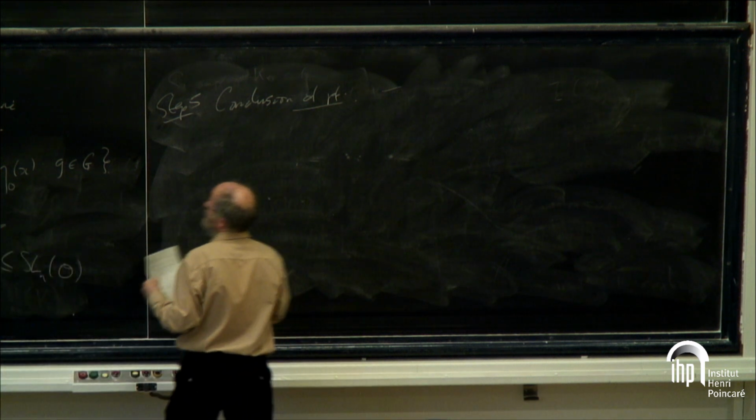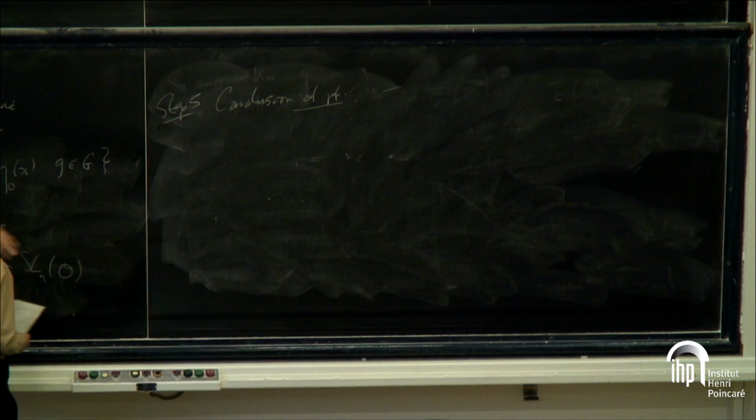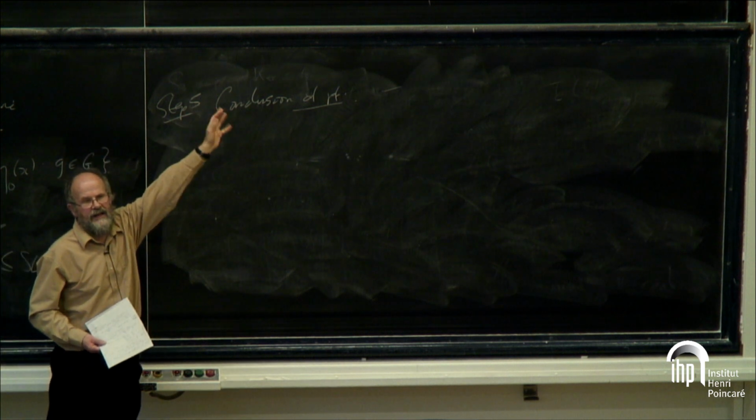So we have our group G, which we know is unbounded inside GLNK.